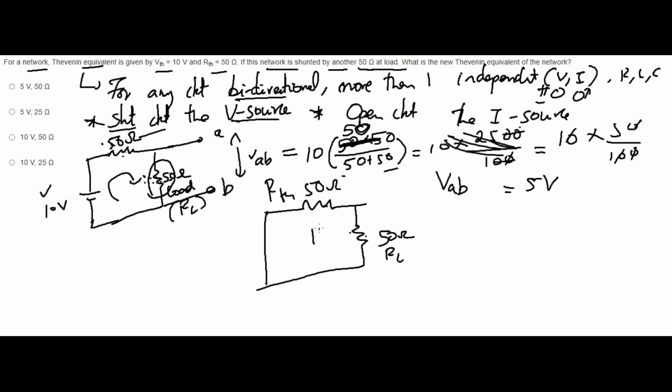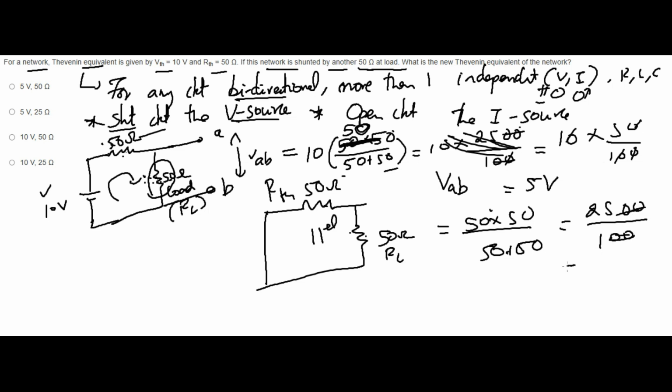Now these two are in parallel, so 50 into 50 is 2500 divided by 100, equal to 25 ohms.